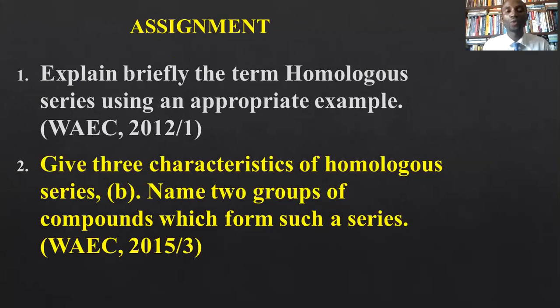Then number 2, give 3 characteristics of homologous series. That is WAEC 2015 number 3. Then name 2 groups of compounds which form such a series. I think we have done all these things, so make it a trial.